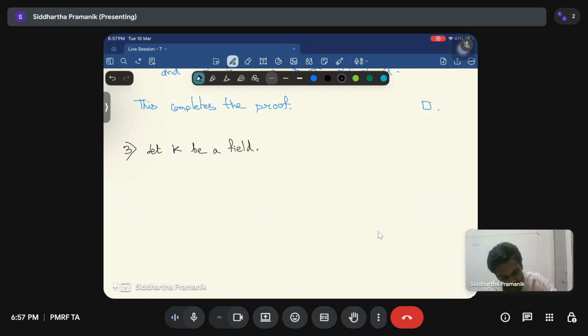So we are taking a field K, and E, F are subfields of K bar. K bar means the algebraic closure of K.